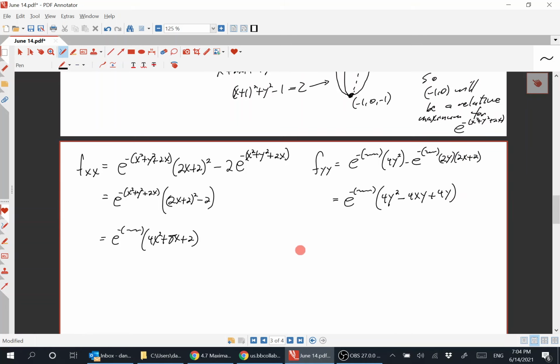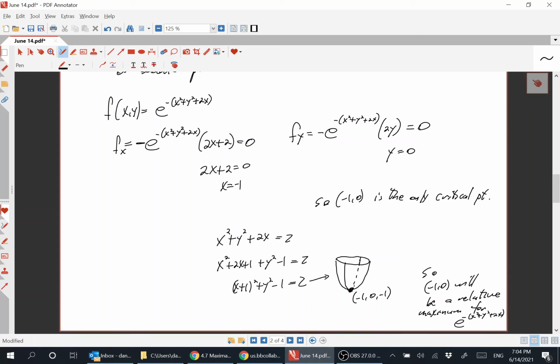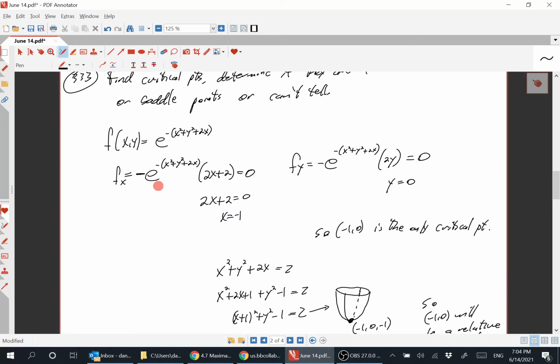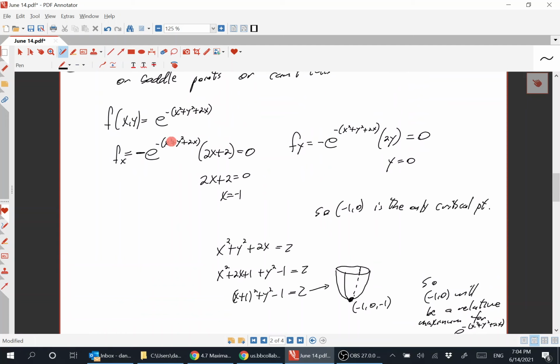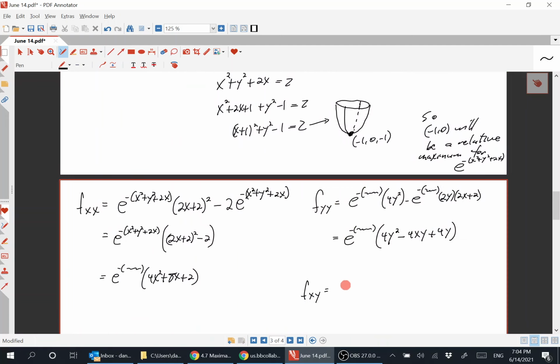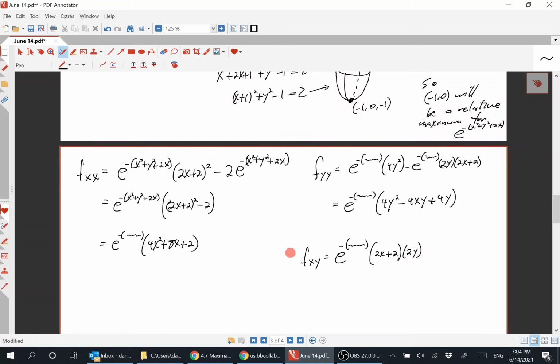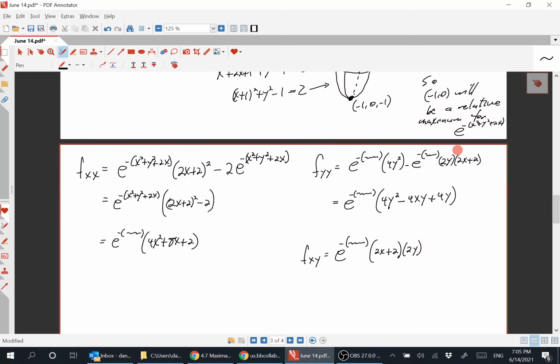And then fxy. So this is just a constant, so it's going to be 2y times the 2x plus 2 times this. So e to the minus this expression, 2x plus 2 times 2y. Oh, this is a 2y.